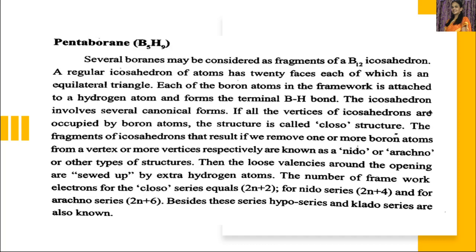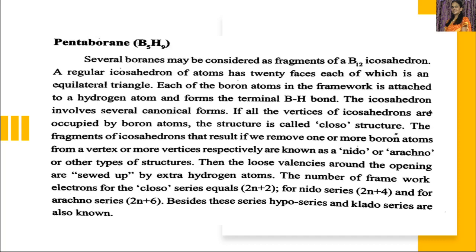Generally in the case of boranes, they may be considered as fragments of B12, that is the icosahedron. A regular icosahedron of atoms has 20 faces, each of which is an equilateral triangle.